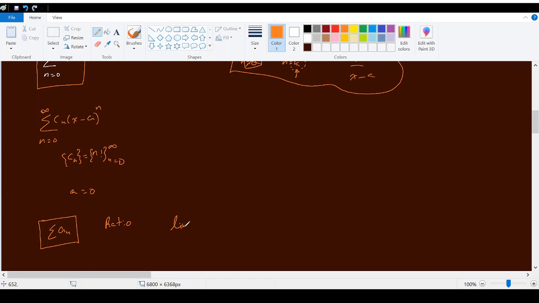What do we mean by the ratio test? If the limit of the modulus of a(n+1) over a(n) is less than 1, then we say that the series converges. So let's see what happens if we interpret this ratio test in our power series.